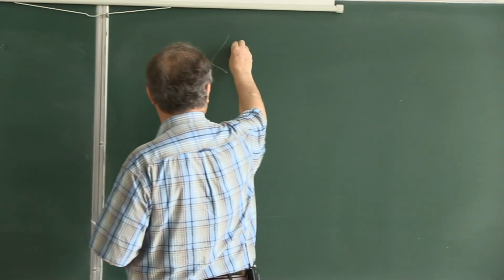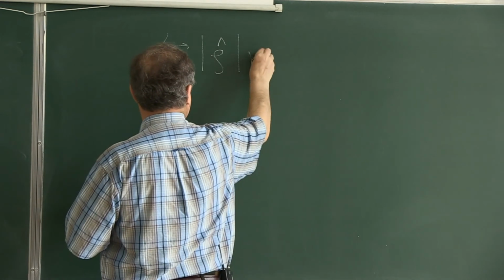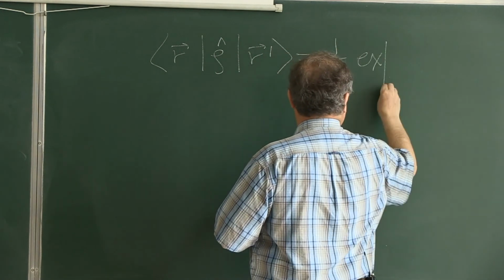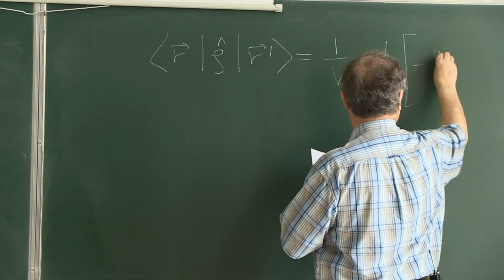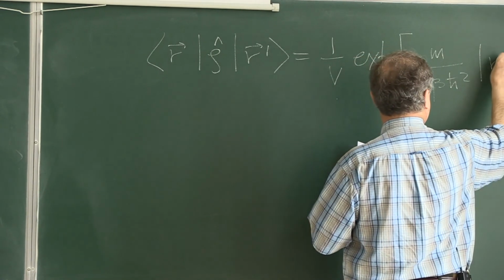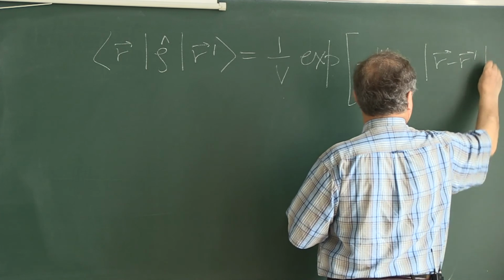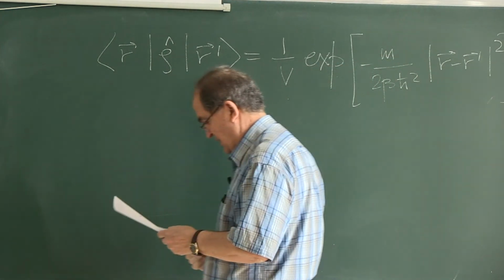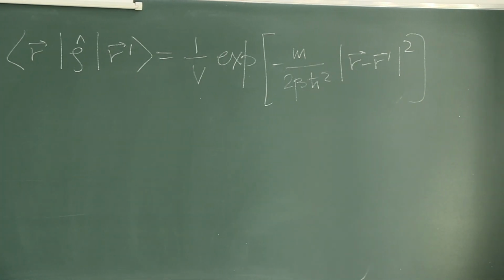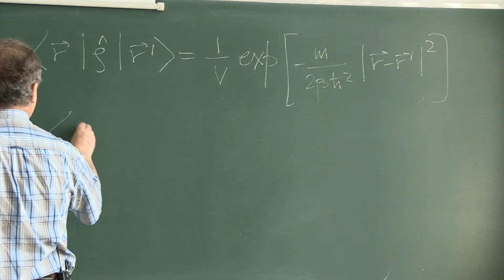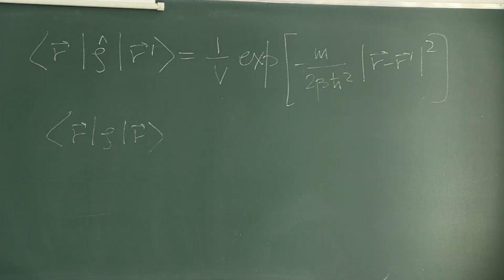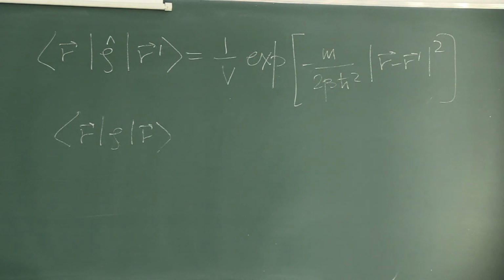When you look at this, if you look at the diagonal elements, you can find that this is proportional to the probability of finding the particle in the vicinity of R in the box, isn't it?